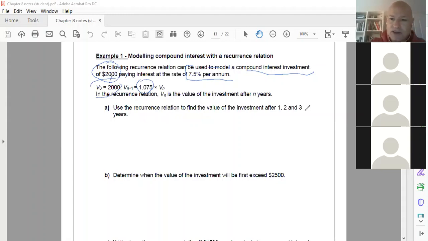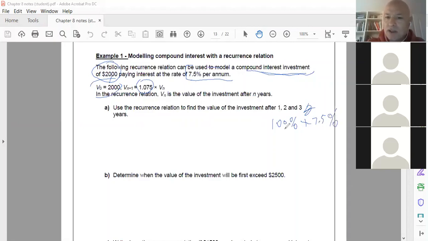Well, I'm going to work it out on the side over here. Okay, so we put in $2,000. That's 100% of our money at the moment. But our money is going to increase because it's in investment and they're giving us interest, so it's going to increase by 7.5%.